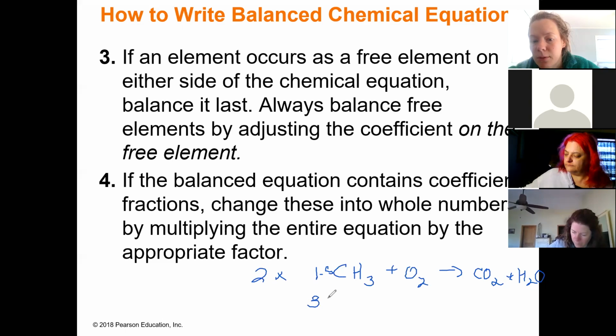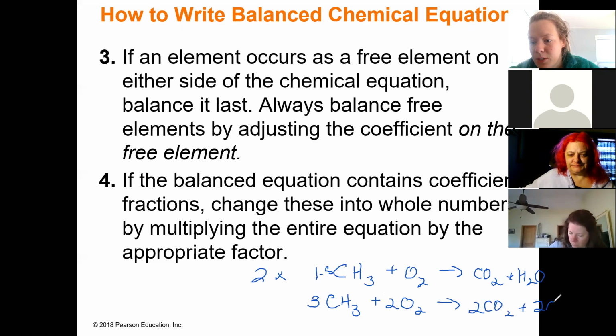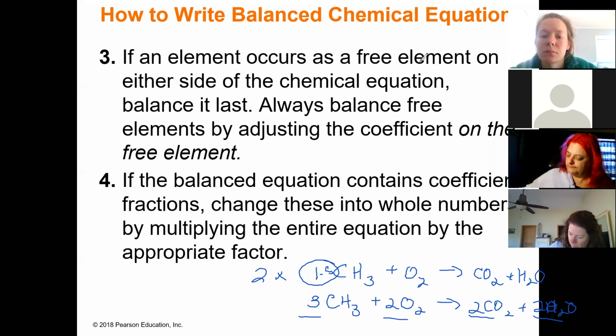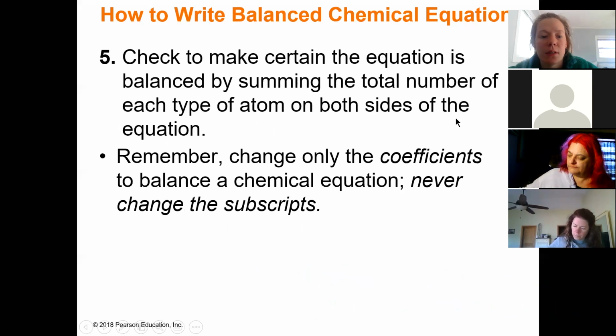So this would become a 3, CH3. This would become a 2. This would become a 2. And this would become a 2, H2O. That's probably not even correctly balanced, but just for the sake of it, if one of these happens to be a half, multiply everything by 2, it'll affect all of them. You probably won't see that very often, but if you do bump into it, that's a good thing to know.